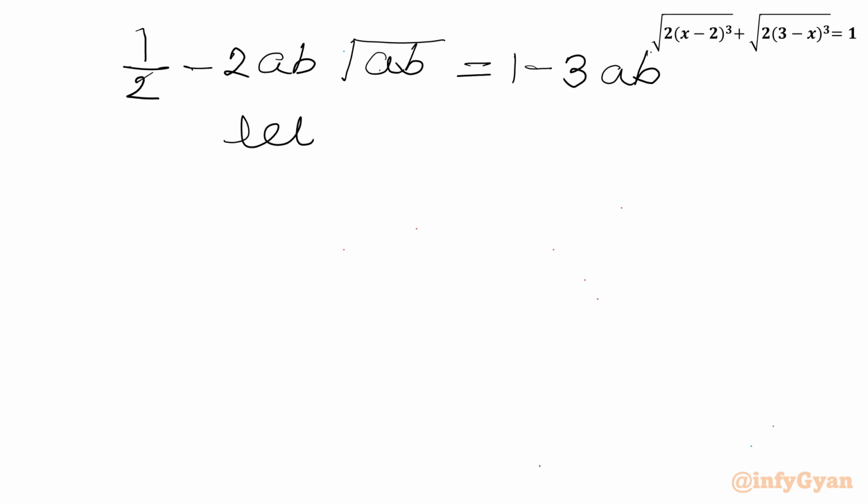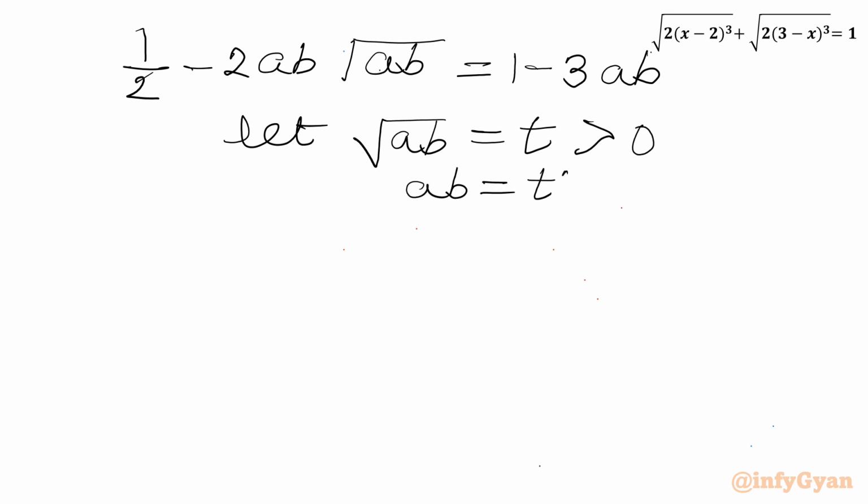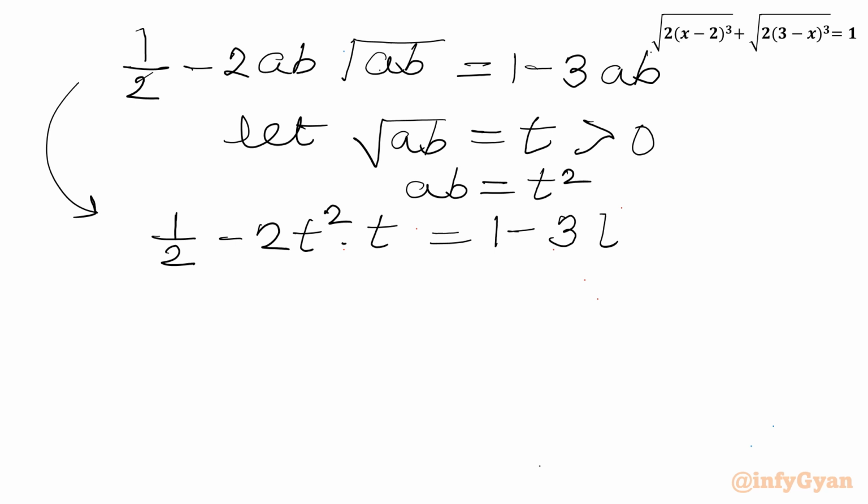Now we will consider √(ab) = t. The condition on t would be t positive, and ab will be t². Let's apply it. So our equation will become 1/2 − 2t²·t = 1 − 3t².